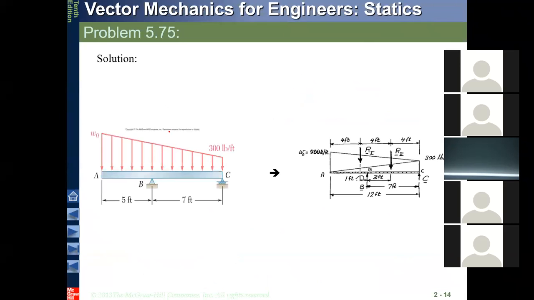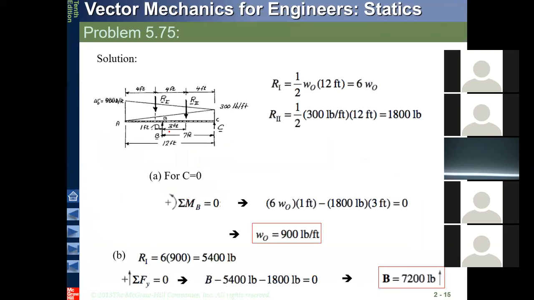Yes, and so you have also two reaction forces at point B, By and Bx, and you have also Cy, and you have to first assume that C is 0 because it is mentioned in the question.